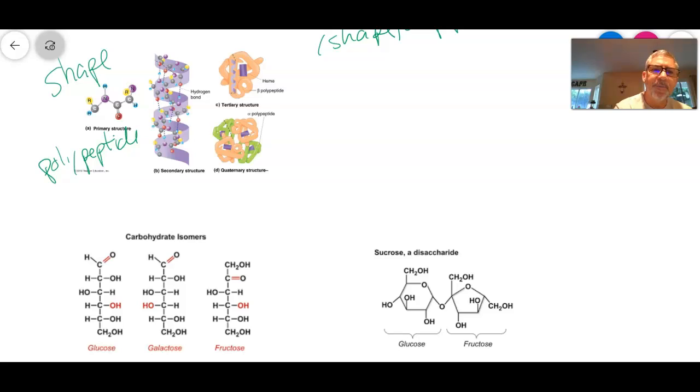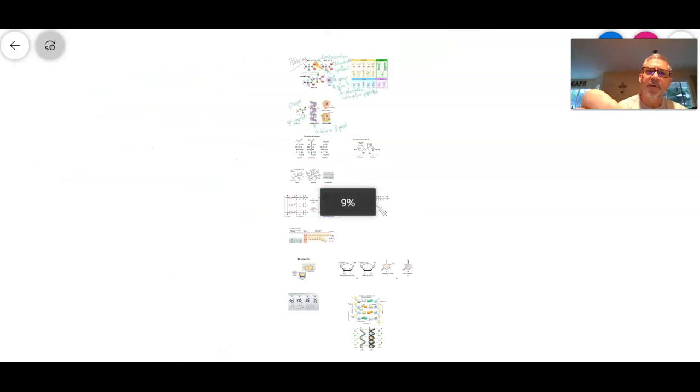Okay, so the secondary structure, remember, that's an alpha helix or beta pleat, right? If I change an amino acid, but I don't change the alpha helix or the beta pleat, I don't change the secondary structure, right?